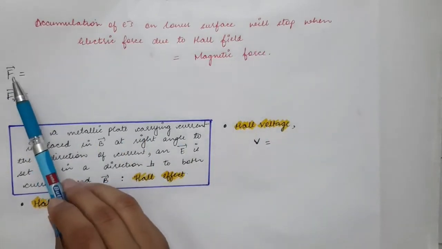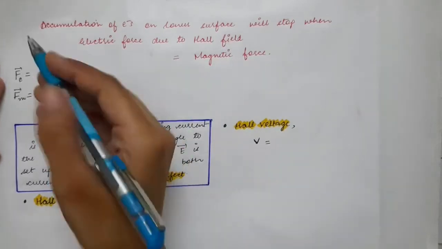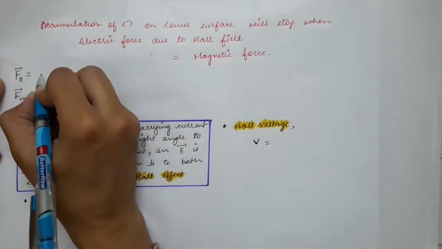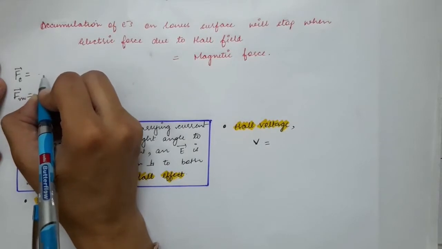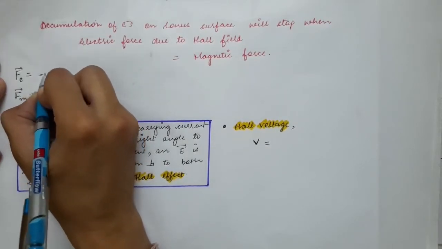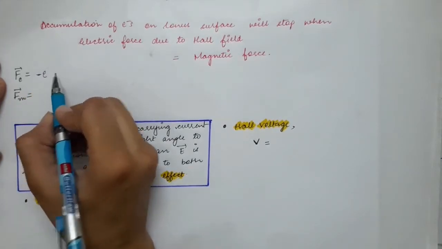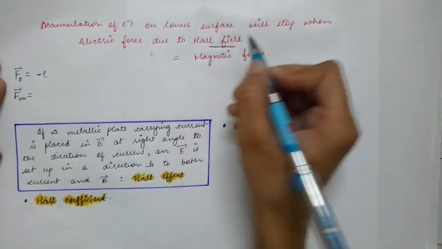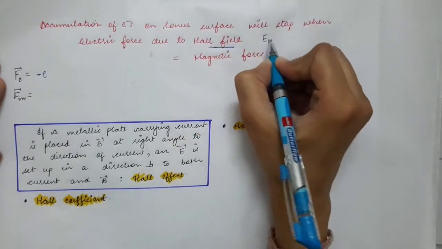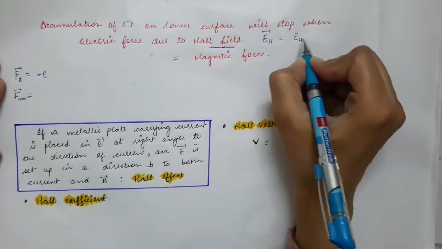The electric force due to the Hall field is given by charge times the electric field. The charge on the electron is minus e, and the Hall electric field is represented by the vector E_H, which can be written as magnitude times its direction.